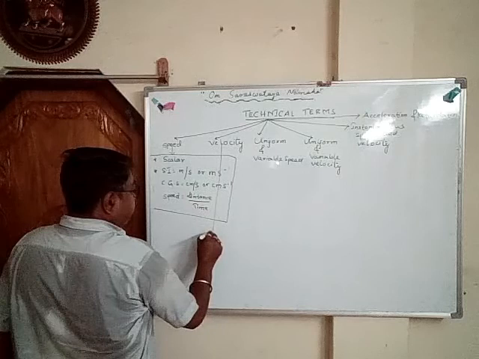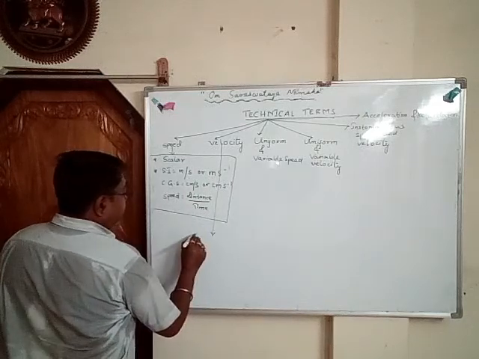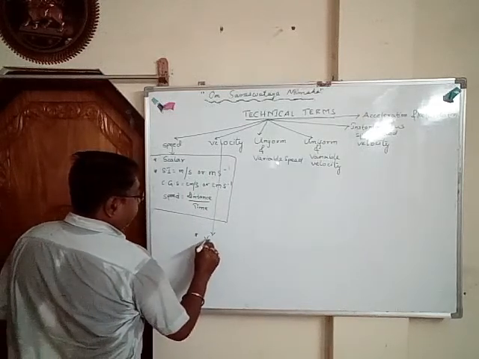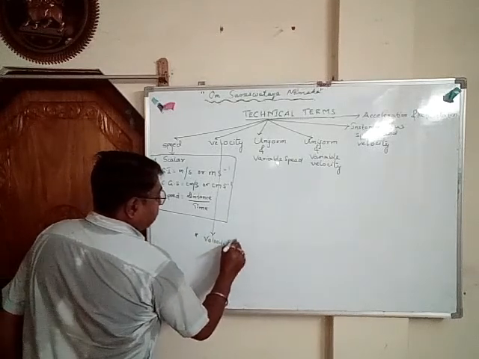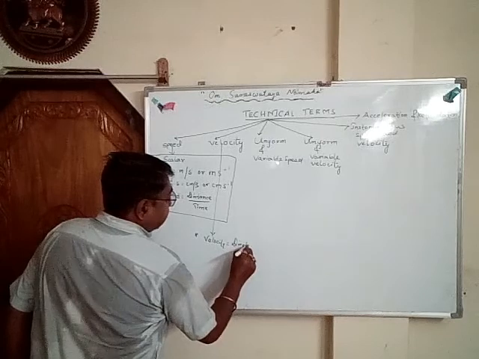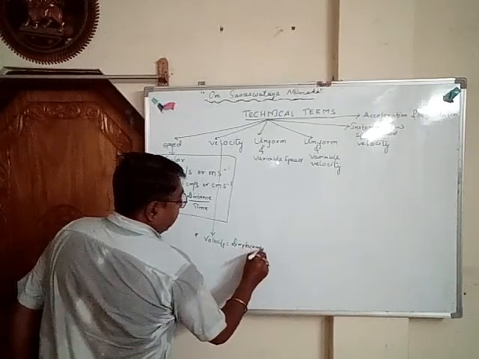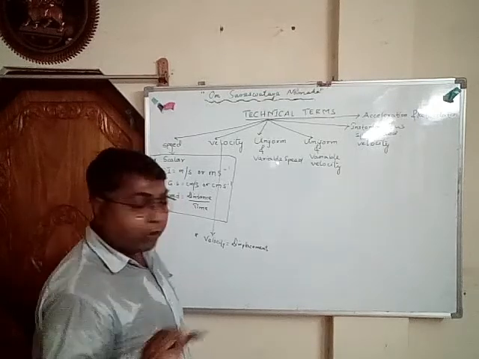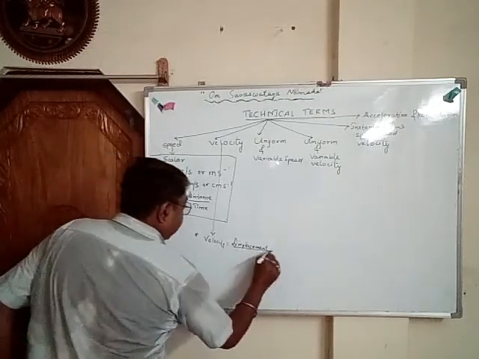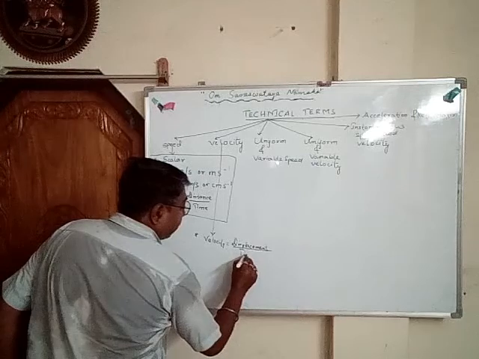For velocity, the formula is velocity is equal to displacement by time. Remember, in case of velocity, direction is involved. So velocity is not a scalar quantity.